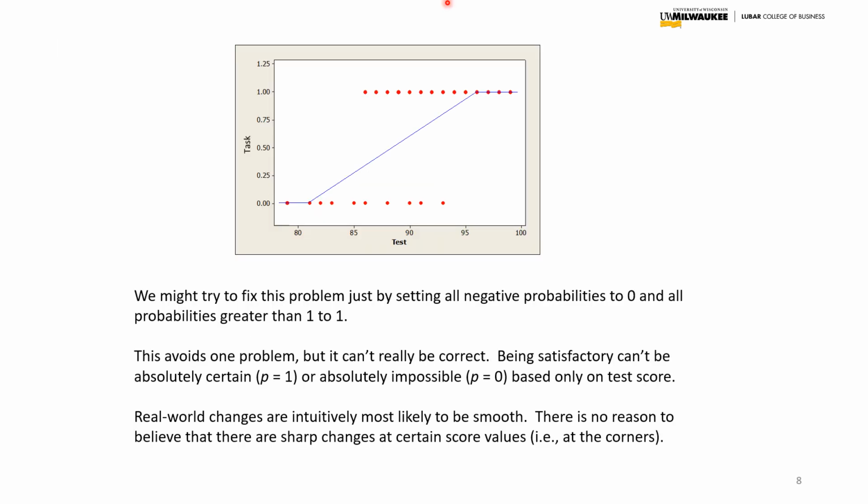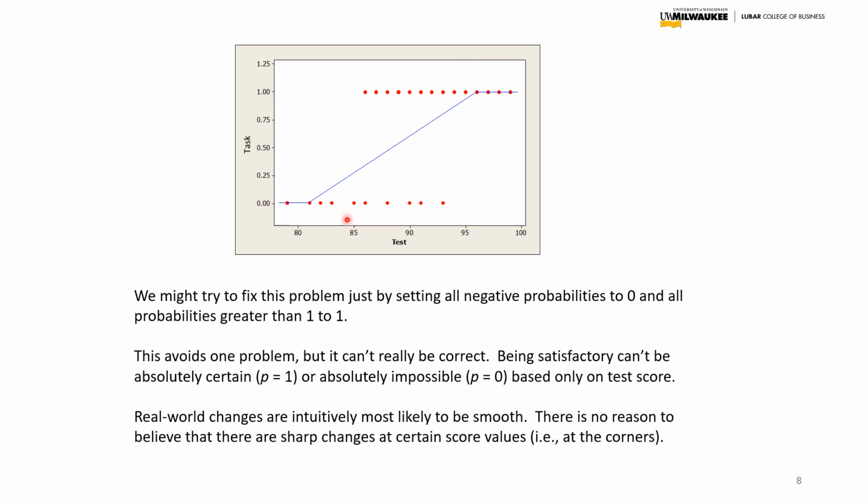One possible fix is shown on this slide. Simply kink the line so it doesn't go negative or above 1. The problem with this solution is that it suggests that after a certain score, which is around 95, the chance of success is 100%. It's pretty unrealistic to believe that a high score alone guarantees absolute success.